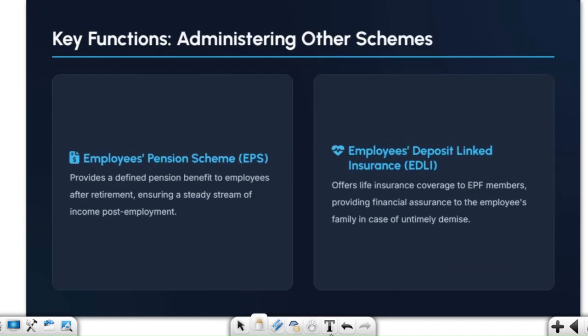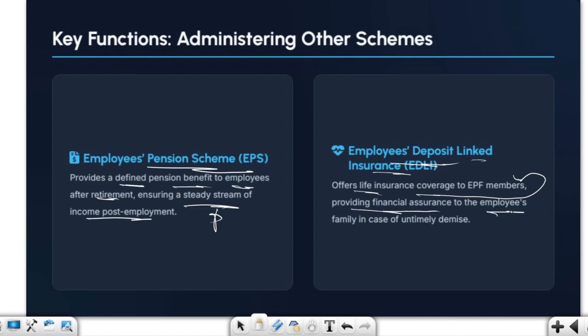Now we are going to talk about the other schemes under this. The Employees Pension Scheme provides a defined pension benefit to employees after retirement, ensuring a steady stream of income post employment. The other one is Employees Deposit Linked Insurance, which offers life insurance coverage to EPF members, providing financial assurance to the employee's family in case of untimely demise. So finally we have our EPF and EPS, and in this we have two schemes.